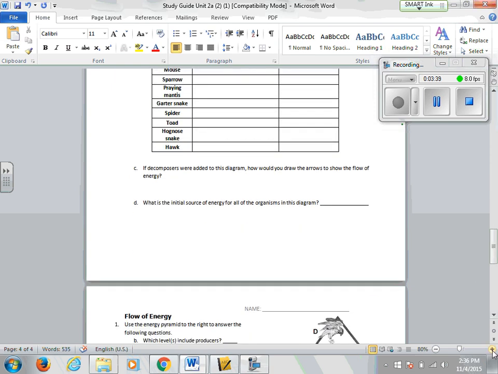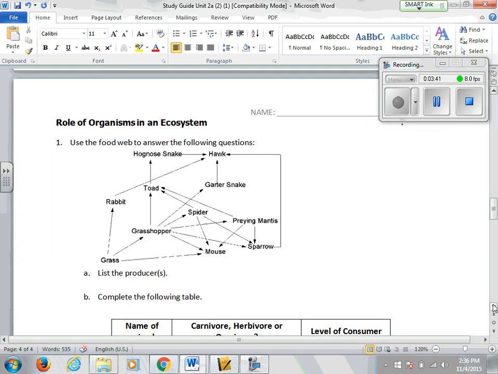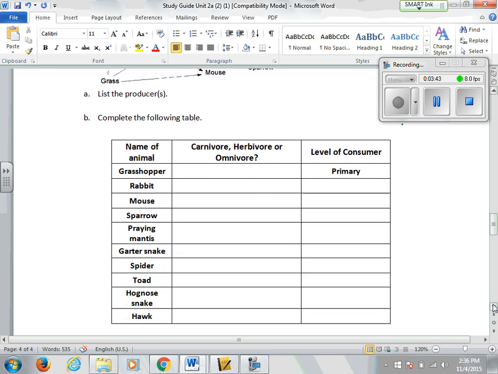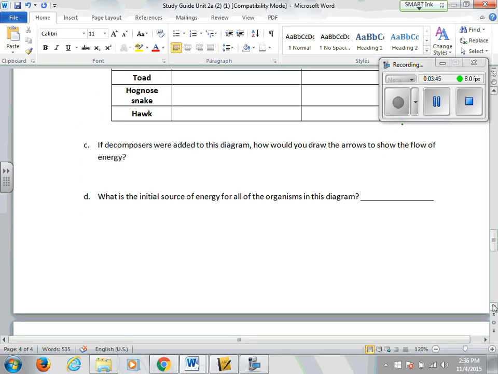Going to blow this up. Okay, moving on down. Decomposers, and we'll just start with the initial energy source. That everything comes from the sun. But the important thing to know about decomposers, let's say we have the grass, we have grasshopper, and we have a mouse, but eventually everything is going to be decomposed.